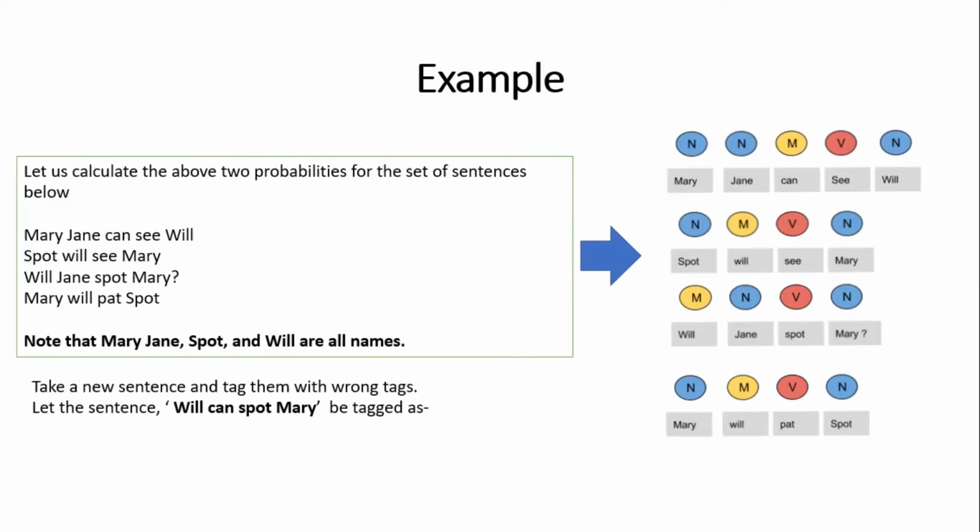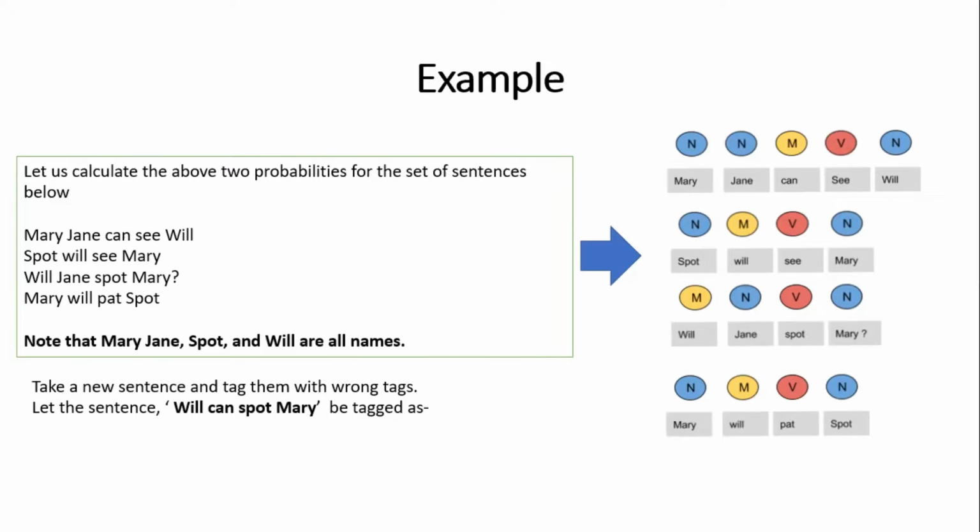So how likely is it that the word I would be pronoun, love would be verb, artificial would be an adjective, and intelligence would be noun? You need to find that likelihood. These probabilities are called emission probabilities. Here in this example, we need to find how likely Spot would be noun, Will would be modal, C would be verb, Mary would be noun. That gives you the emission probability.